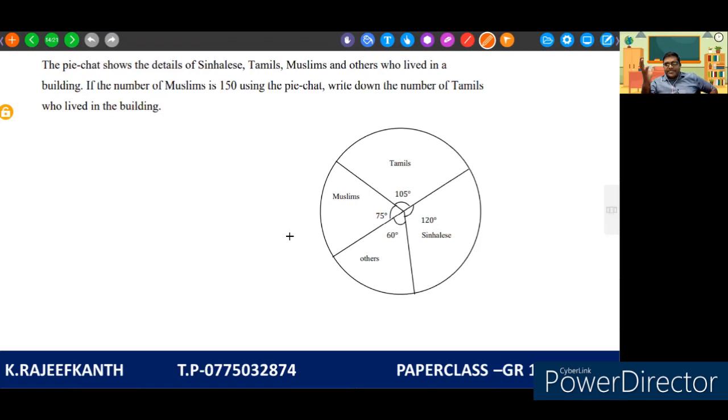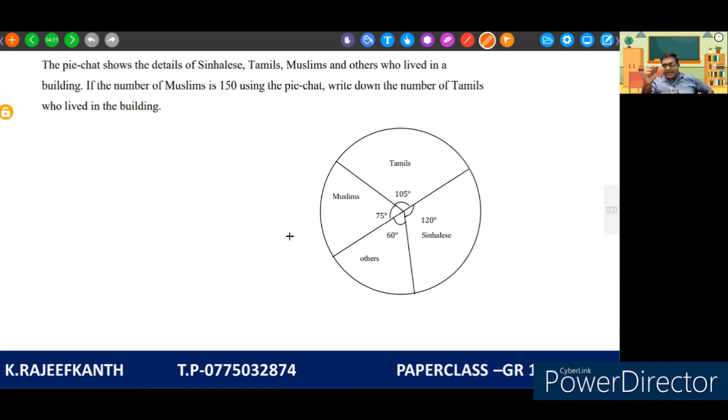Here they have represented the data of those who live in the building: Tamils, Sinhalese, Muslims and others. Tamils are represented by 105 degrees, Sinhalese 120 degrees, others 60 degrees and Muslims 75 degrees. So the question is, write down the number of Tamils who lived in the building. So we have to find the number of Tamils, represented by 105 degrees.